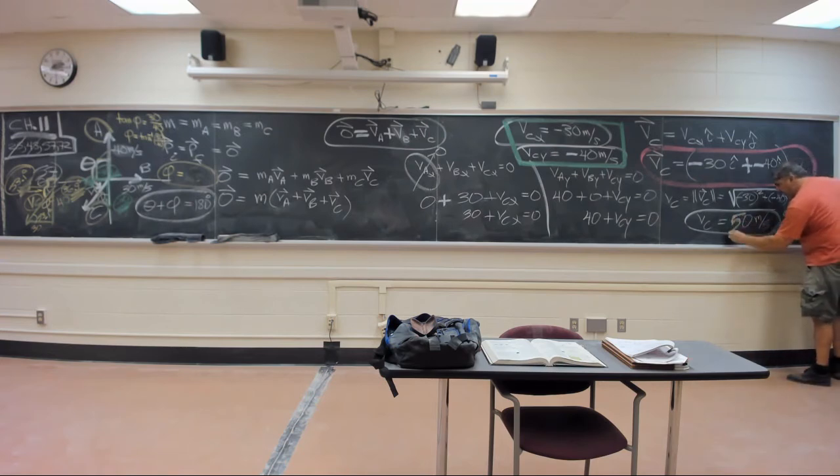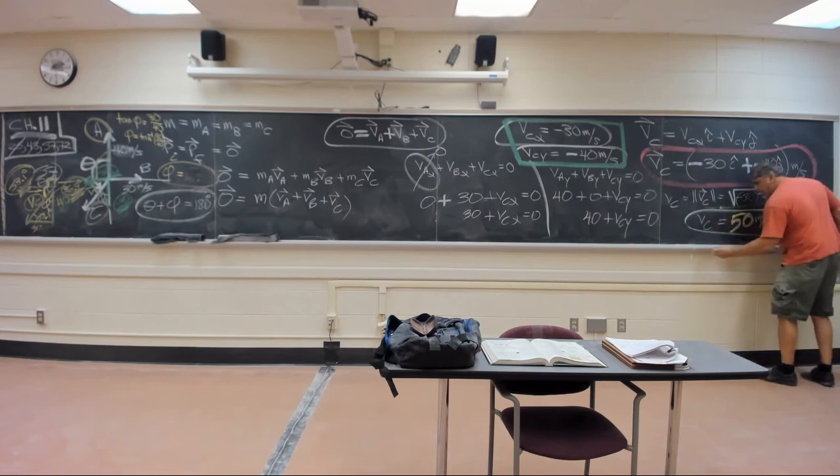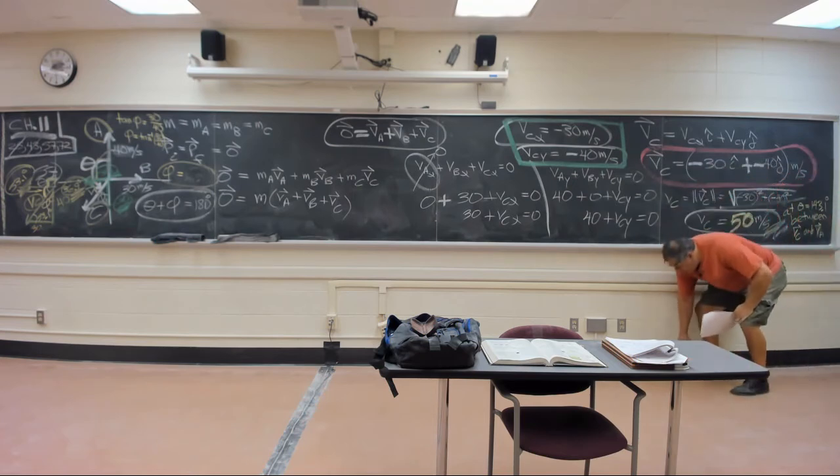Here's 50 meters per second, and this is another way to write it without using component form.